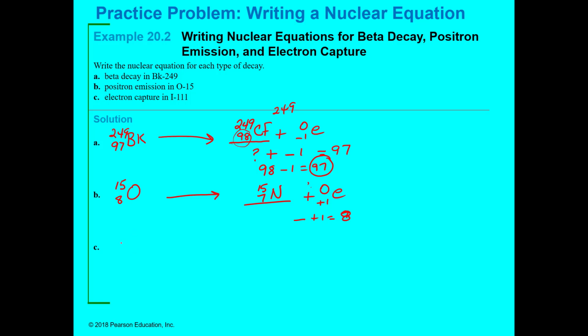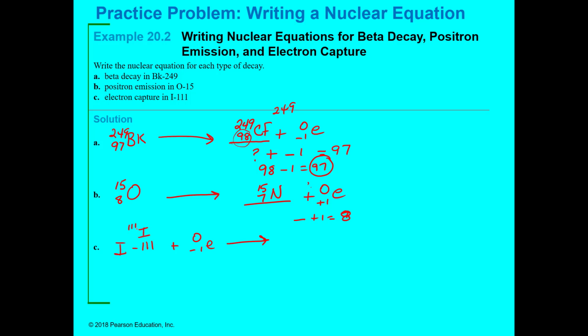All right, electron capture in I-111. When we capture it, what does that mean? It means we're going to be adding it to whatever our reactant is. And so this is I-111. I'm capturing it, and I'm going to need to see what that is going to turn into.